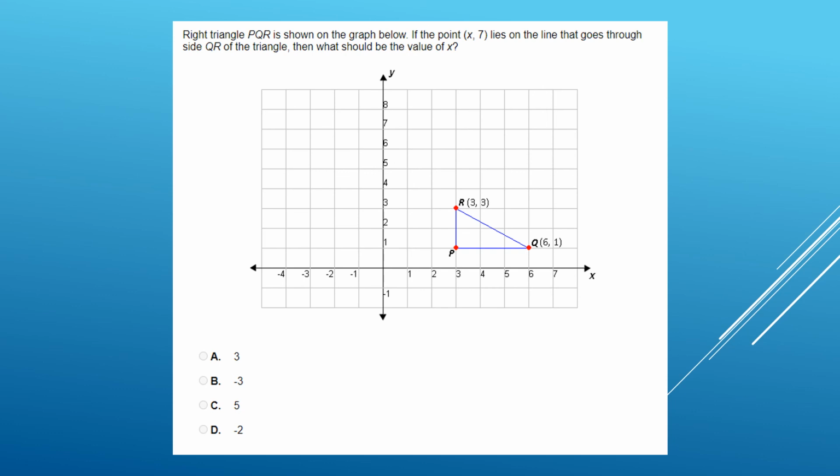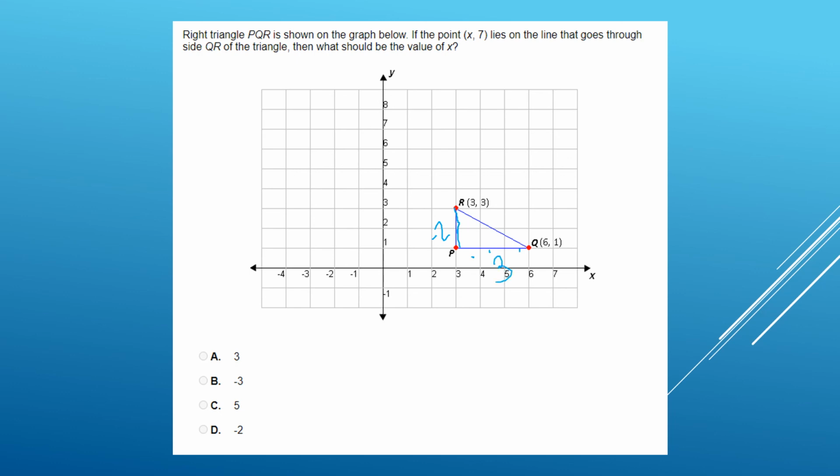Okay, right triangle PQR is shown on the graph below. If the point (x, 7) lies on the line that goes through the side QR of the triangle, what would be the value of x? So the first thing I need to do is find the slope of this triangle. So I'm going to go down 1, 2, so -2, and run 1, 2, 3.